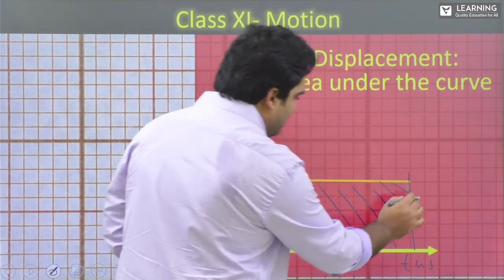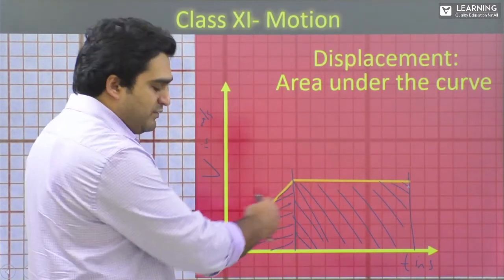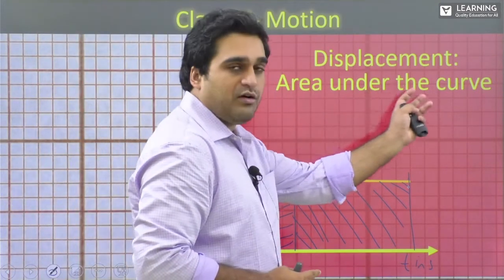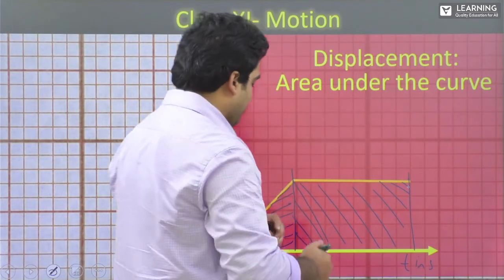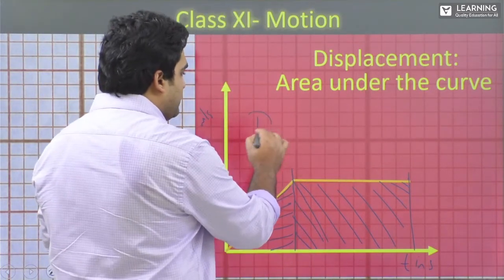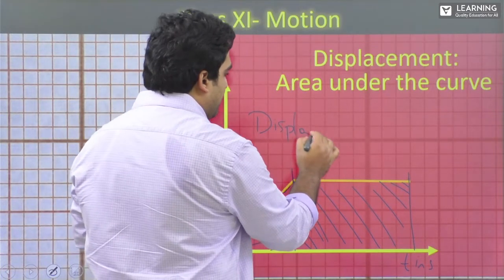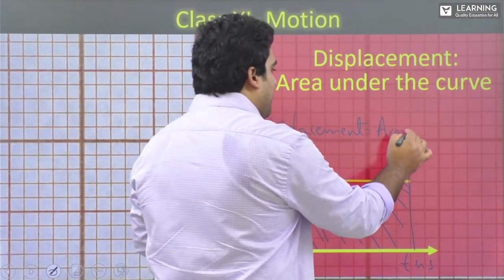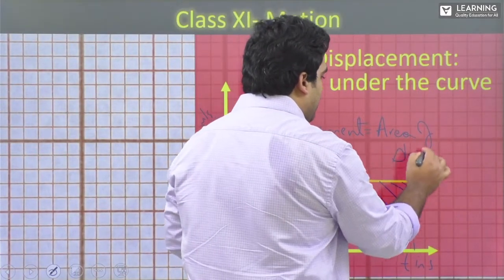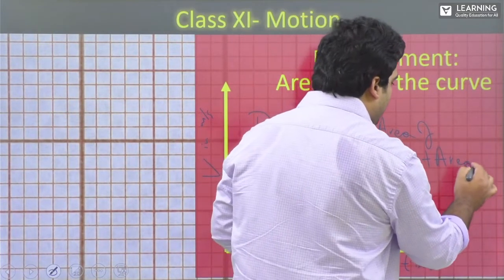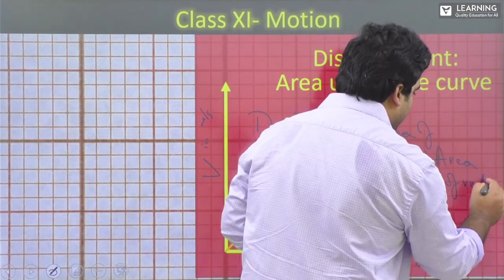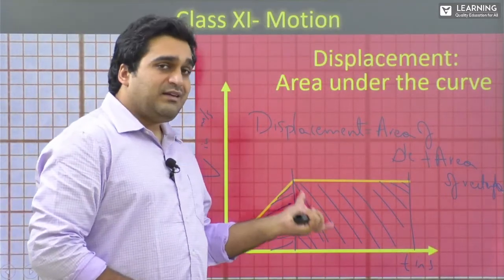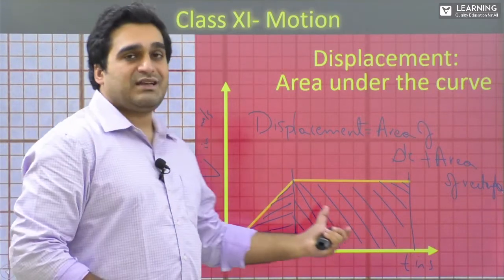By determining the area of these two plane figures, you obtain the displacement. So displacement in this particular case will be equal to area of triangle plus area of rectangle. Easy. So this is how you find the displacement in a given velocity time graph.